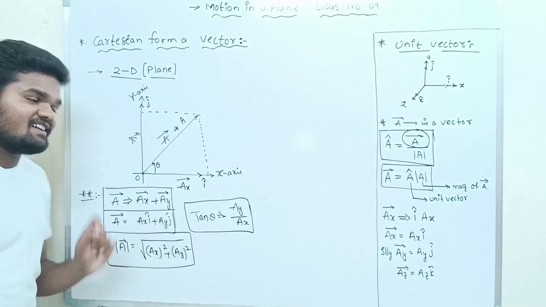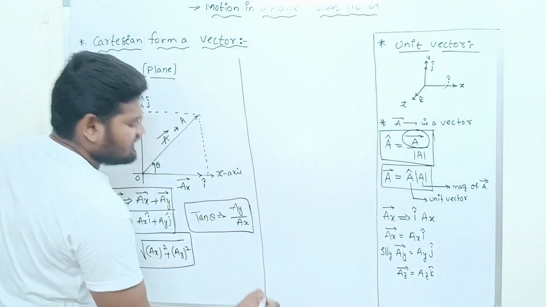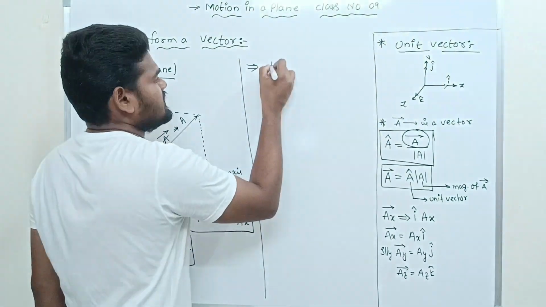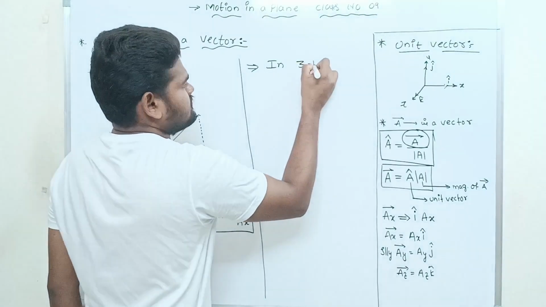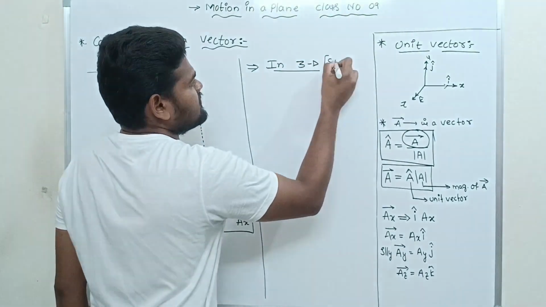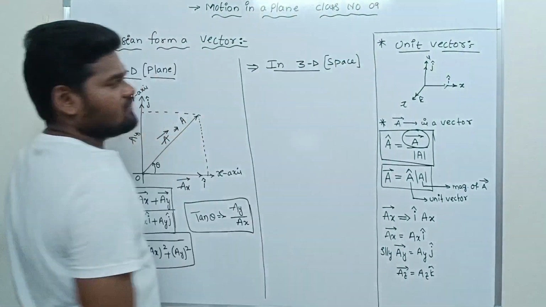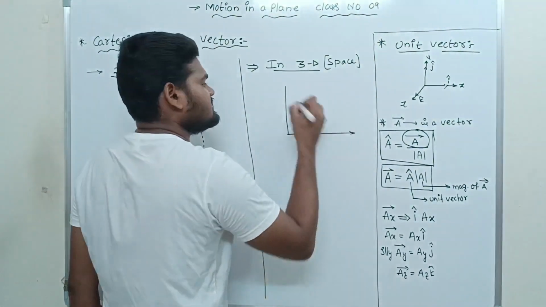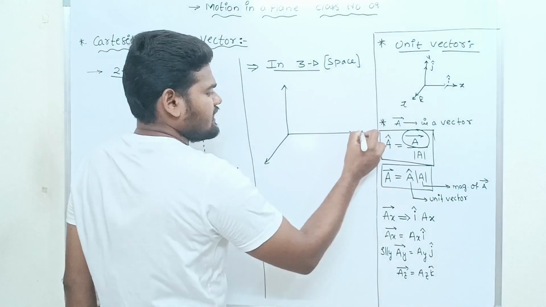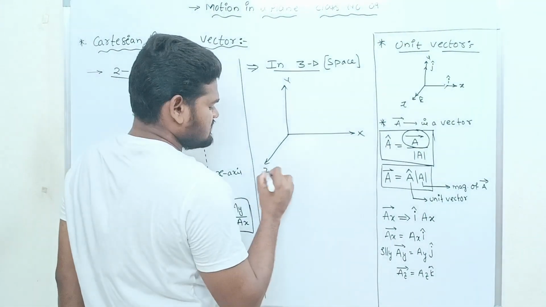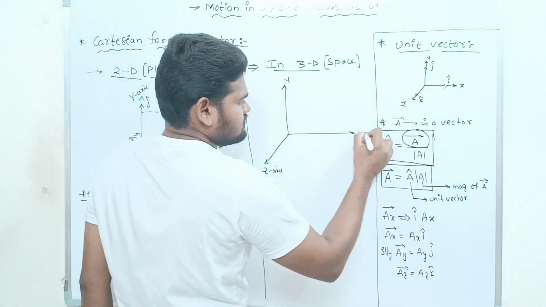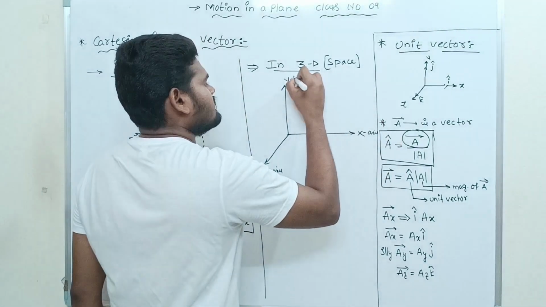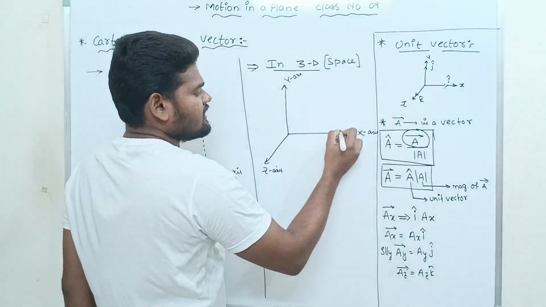Is it clear? Right. So in three dimensions, three dimensions means space. I'm taking a three-dimensional coordinate system. So this is the x-axis, y-axis, z-axis. What is the unit vector along the x-axis?